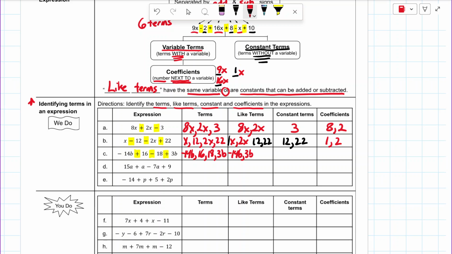And then we have another set of like terms, which are the constants, 16 and 18. Our constant terms are 16 and 18. And our coefficients, the numbers in front of the variables, are negative 14 and 3.